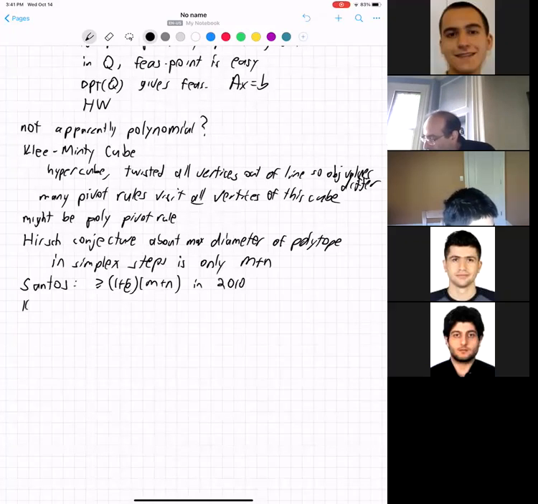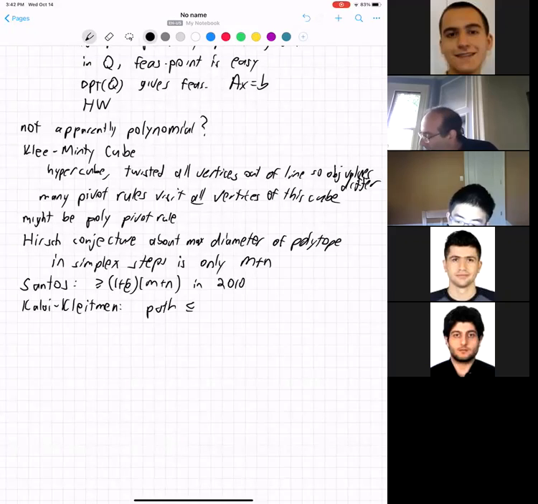Kalai and Kleitman showed that the path length is at most m to the log n. Which is way better than m choose n, right? This is basically m choose log n.